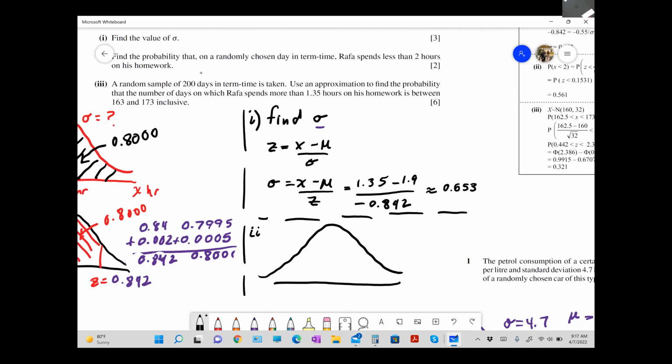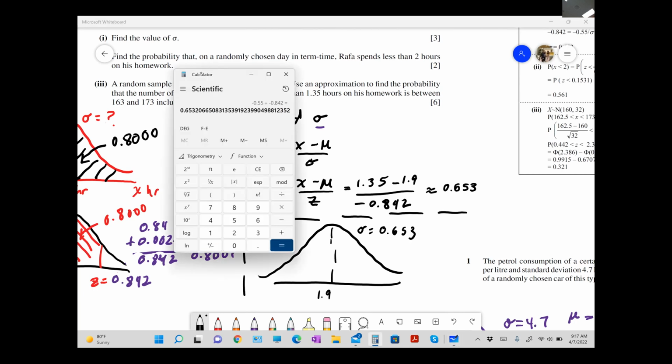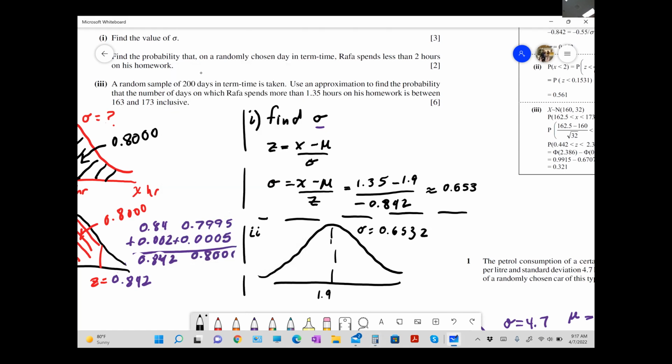So here we have 1.9 in the middle, right? And what's our sigma going to be? 0.653. Now I've kept it in memory. I actually feel more comfortable writing a few more decimal places, 207, just to keep a little more accuracy, but it's not necessary.